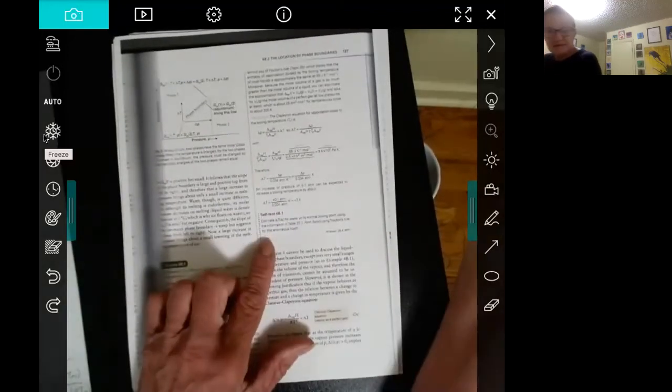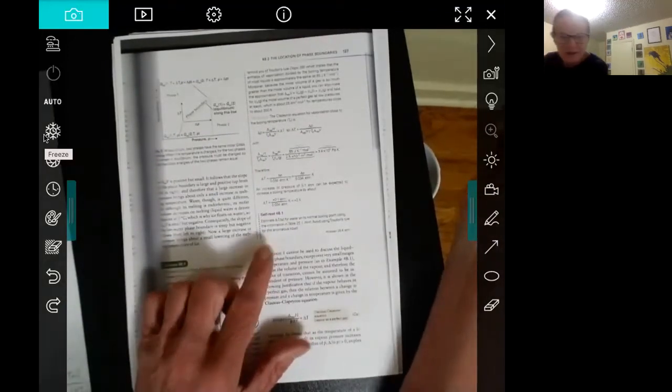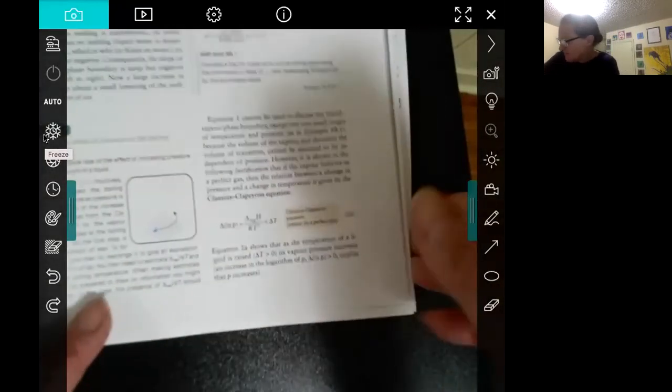So it asks us in self-test 4B.1 to estimate the change in temperature over a change in pressure for water at its normal boiling point using the information that's in the table.